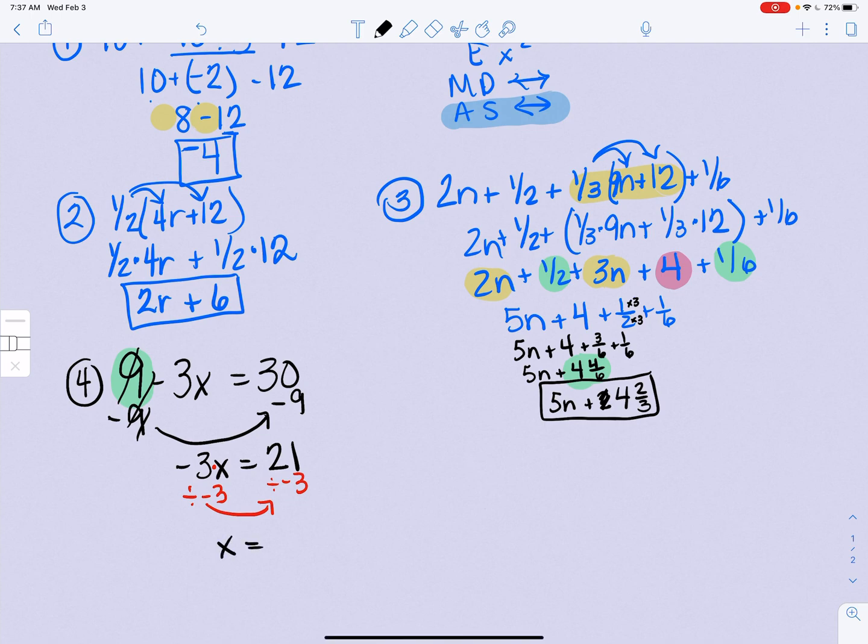And 21 divided by 3 is 7, and then I need to think about my tic-tac-toe. So I have a positive and I have a negative. So positive 21, negative 3, so my answer has to be negative 7. So there is your answer to all of your spiral review.